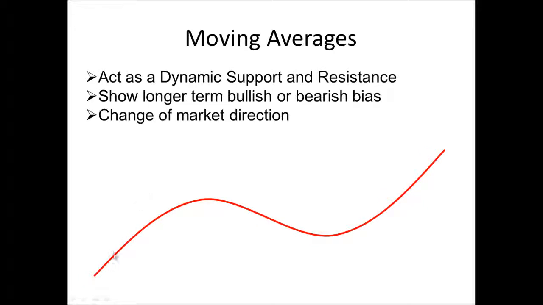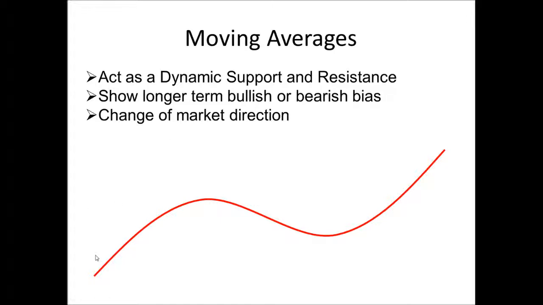Well, first of all, moving averages look something like this illustration that I have on the screen. They're generally calculated by the closing price of candles. So if we had a moving average of 10, we would take the last 10 candles, their closing price, and the average would be calculated from those values.